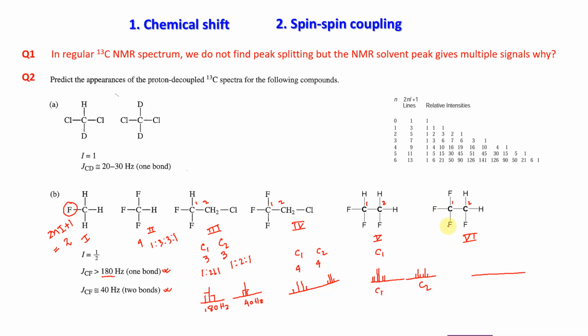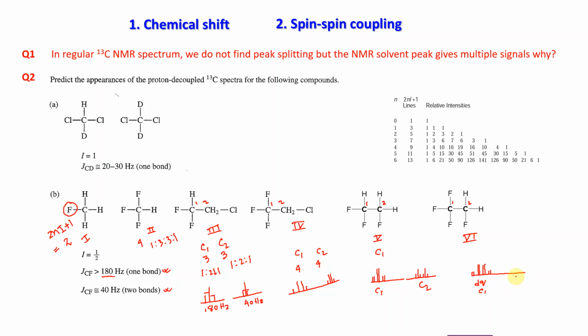You have 3 fluorines connected with a single bond, so that will give a quartet, 1:3:3:1, and then you have 1 fluorine connected with 2-bond distance, so that will make a doublet. Each of the peaks will be a doublet. So we call it a doublet of quartets. This is the C1.